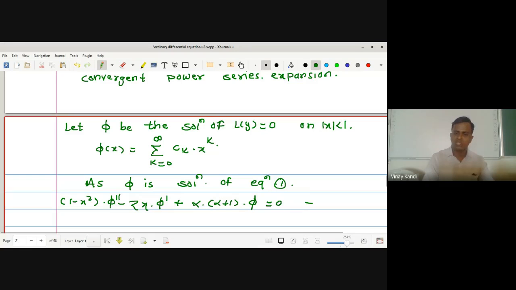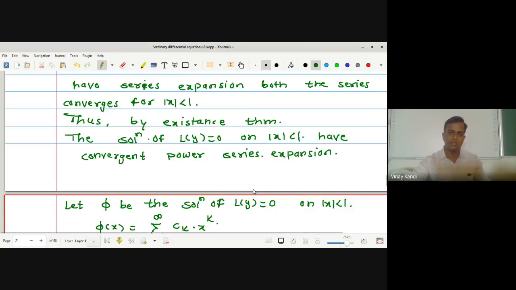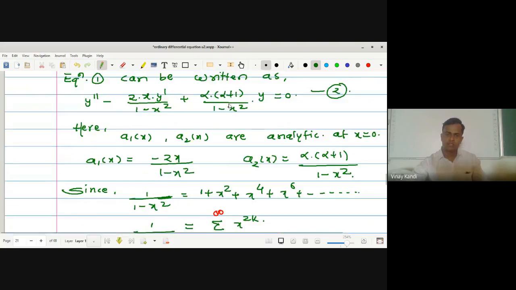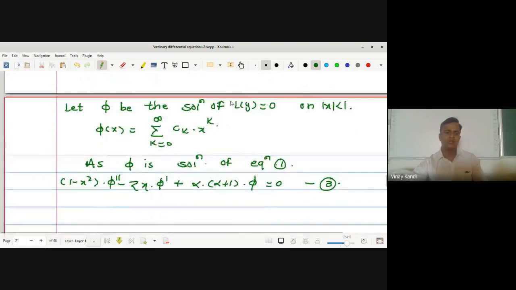So this is equation number 3. If phi is the solution of equation 1, then phi satisfies L of y. Hence we can write 1 minus x square into phi double dash minus 2x into phi dash plus alpha into alpha plus 1 into phi is equal to 0.